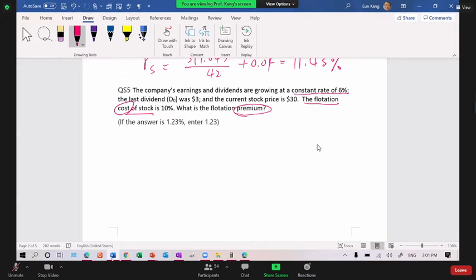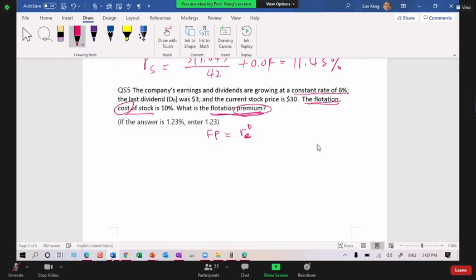Flotation premium is different from flotation cost, right? Flotation premium is return on equity, but return on equity just when you issue new stock, right?